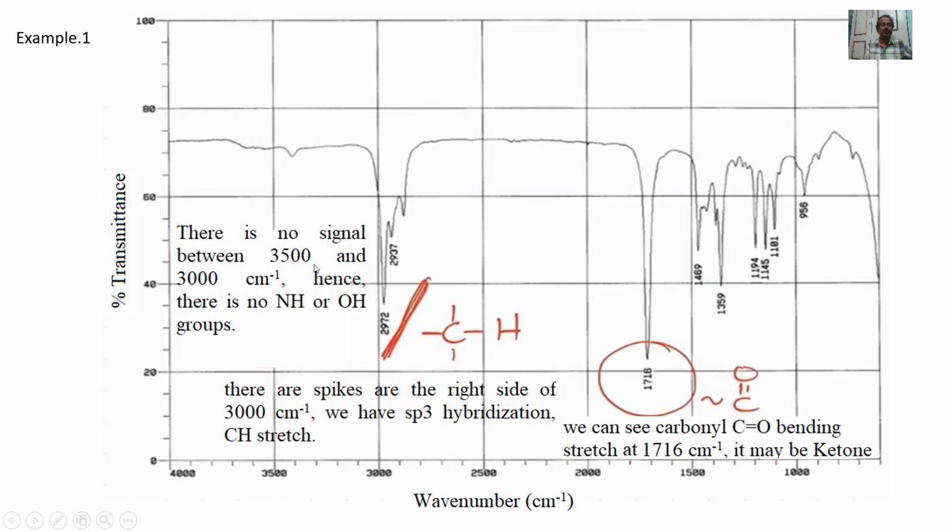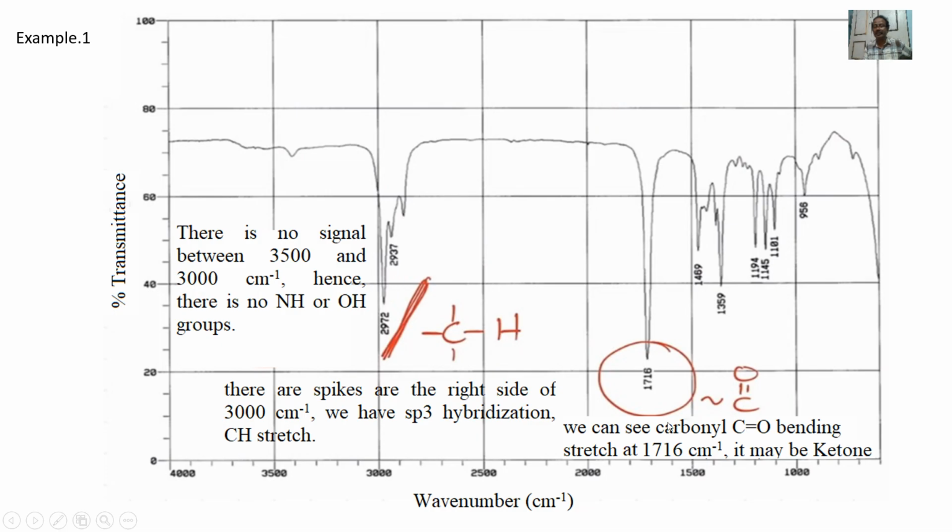There is one spike here, at the right side of 3000, so it must be sp3 hybridization with the C-H structure. If there were a spike at the left side, it would be sp2 hybridization C-H. But here it is sp3 hybridization.